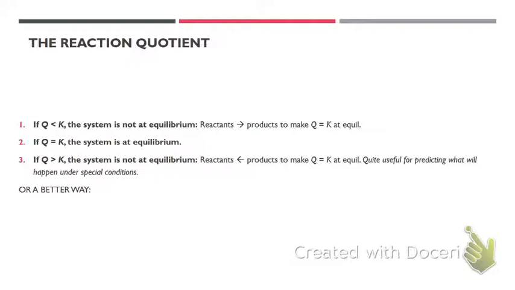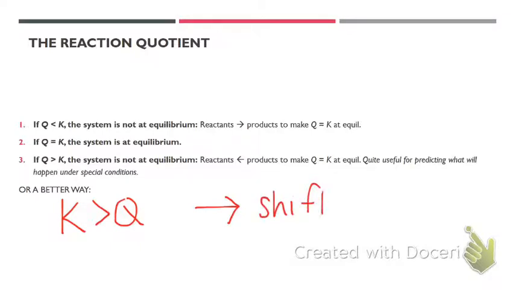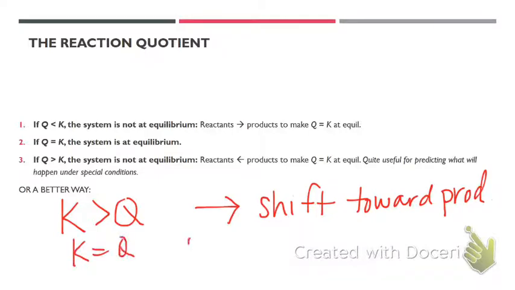But this is the standard way it's defined, but I'm going to show you an easier way, or a better way, if you will. Instead of comparing Q to K, I'm going to flip them, and I'm going to say if K is greater than Q, I'm going to shift to the right, the way of the arrow. Shift toward products. If Q is equal to K, then it's the same, so Q equals K, no shift.